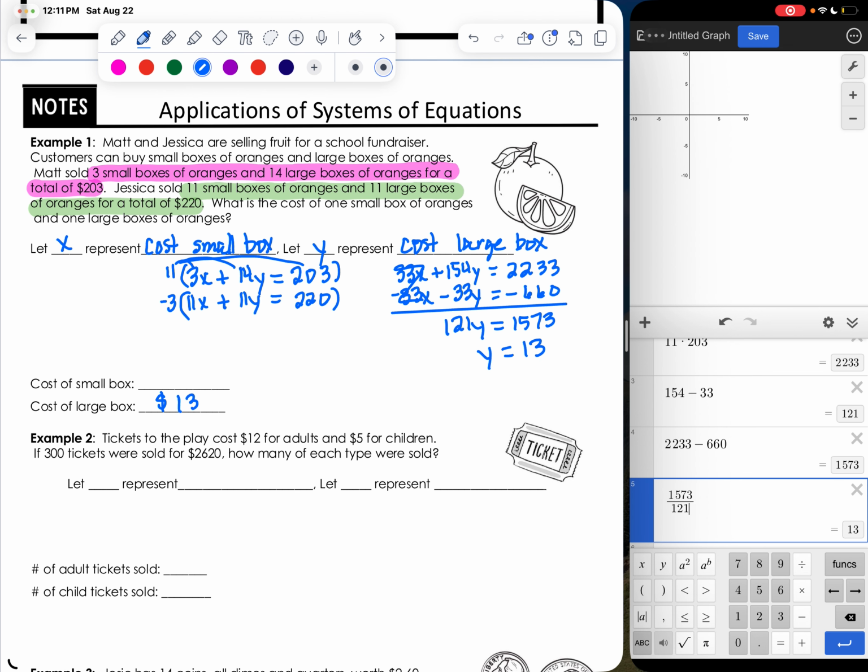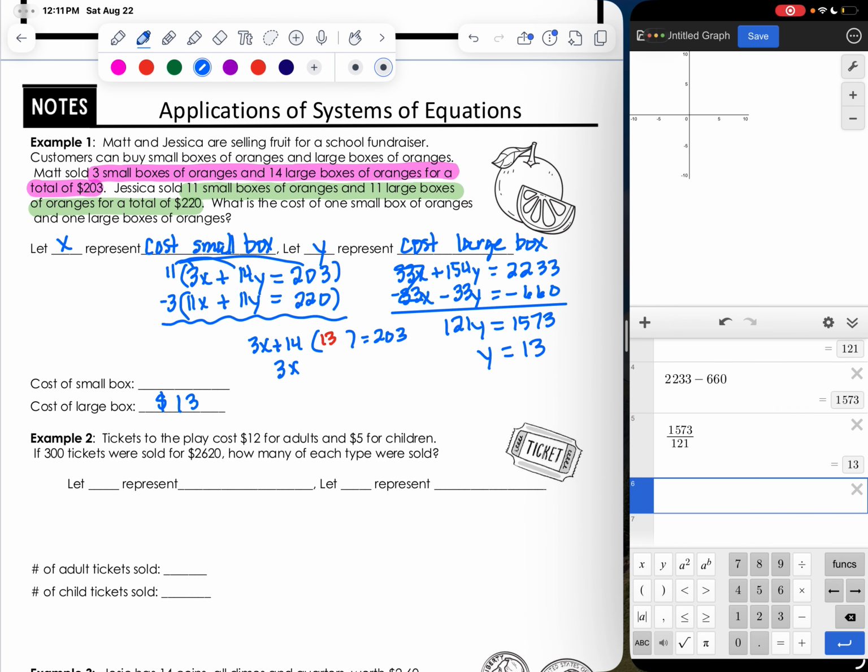Now to find the cost of a small box, I'm going to plug that value into the top equation. So 3x plus 14 times y equals 203, and then substitute in the 13. So that would give me 3x. Let's see, what is 14 times 13?